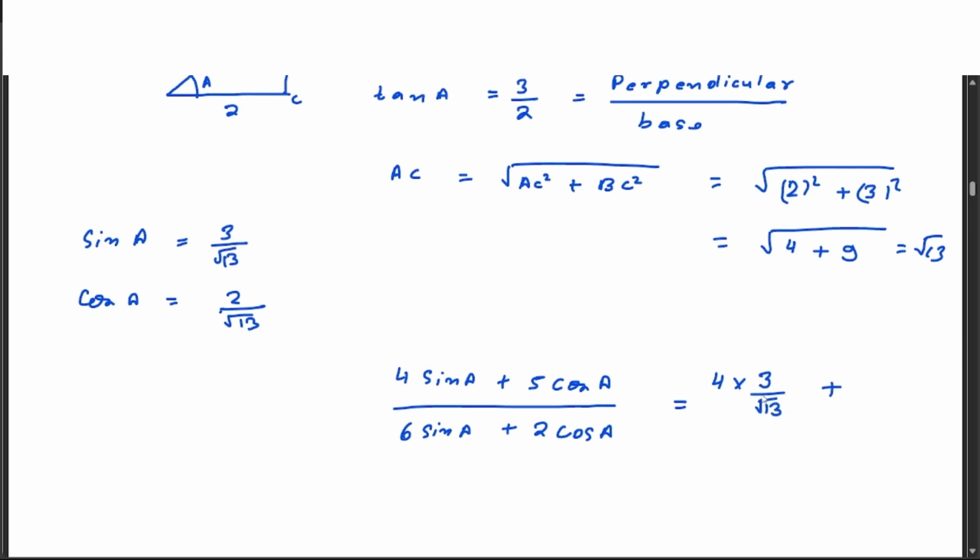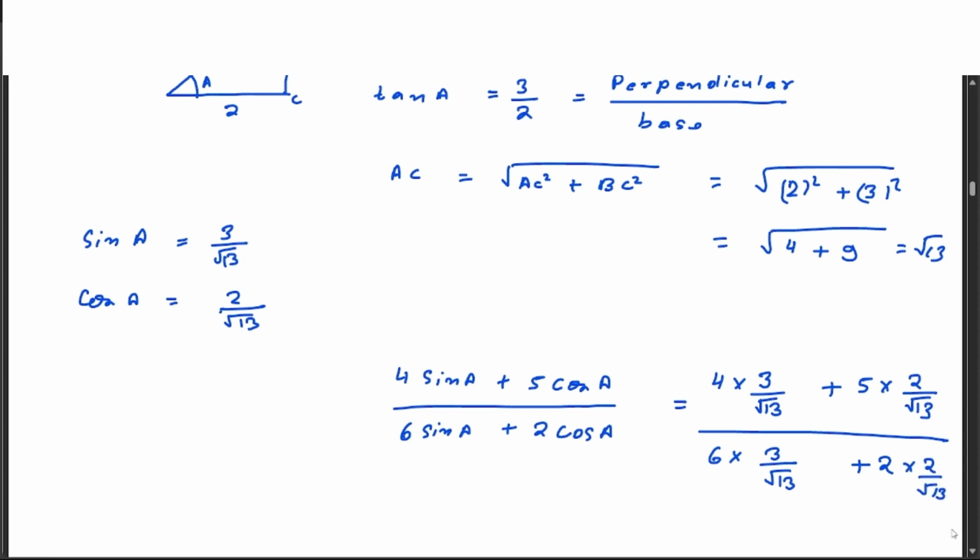And how much you will get cos A value? So cos A value you got 2 over root 13. So we can say 5 times 2 over root 13. Okay, and after that we can say 6 times sine A is 3 over root 13. Okay, plus again 2 cos A, so which means 2 times 2 over root 13.